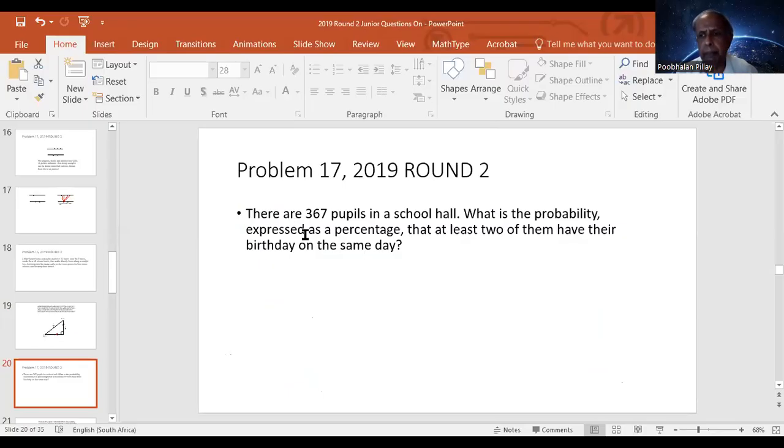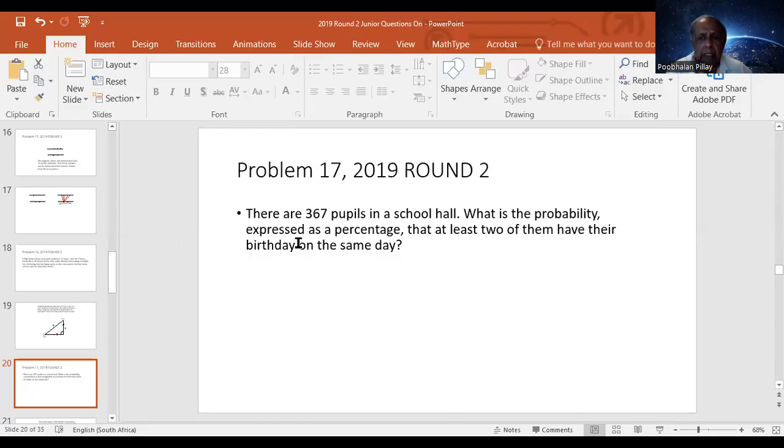What is the probability, expressed as a percentage, that at least 2 of them have their birthday on the same day? Birthday is like 18th of August, not birth date. We're not including the year in which they were born, so we don't include the 2008 or whatever, right? So what is the probability that at least two of them have their birthday on the same day?